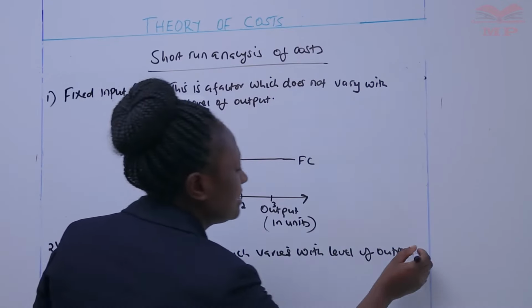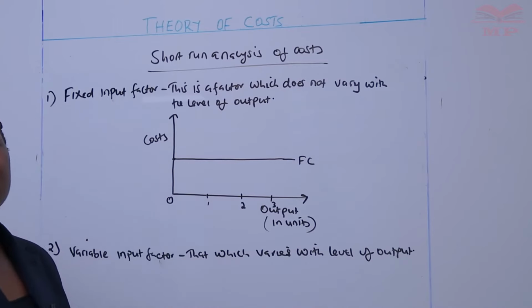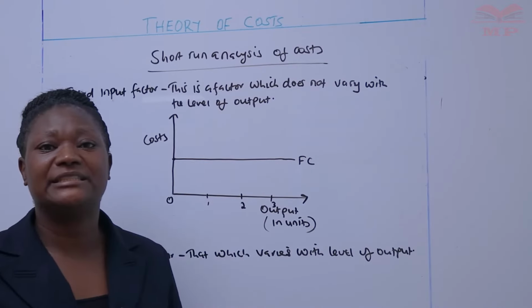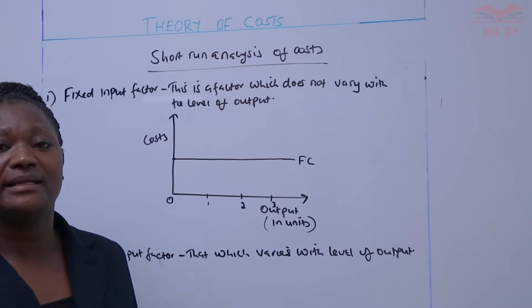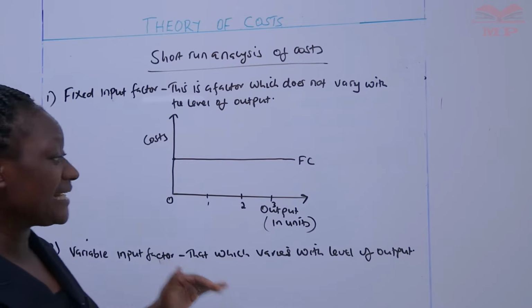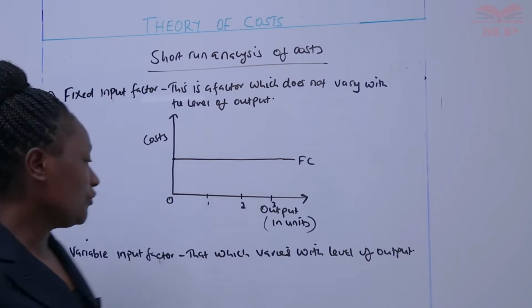That simply means when we are changing the level of output, that factor will change in the same proportion. The time we increase, it will also increase, and the time we decrease, it will also reduce.